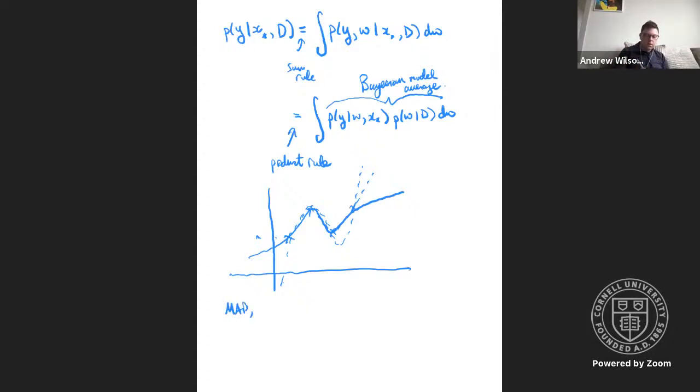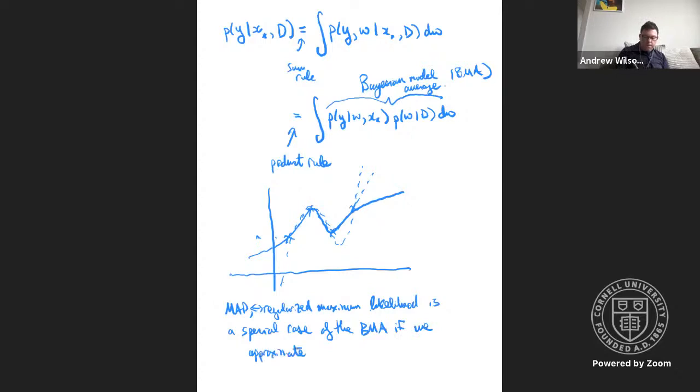So MAP or regularized maximum likelihood is a special case of the Bayesian model average if we approximate P of W given D, the posterior distribution over our parameters W, as a delta function centered on the MAP parameters, where W MAP equals argmax over W of P of W given D.